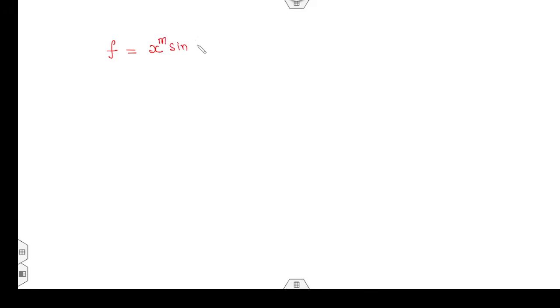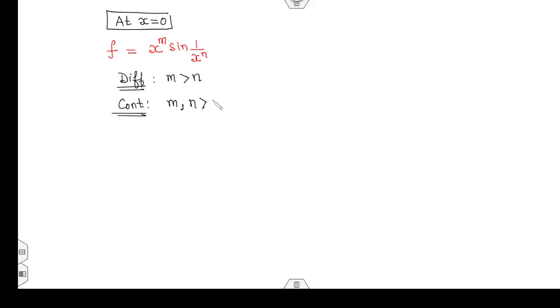What is the continuity of these functions at x equal to 0? This function is differentiable whenever m is greater than n, and continuous whenever m and n are both positive.